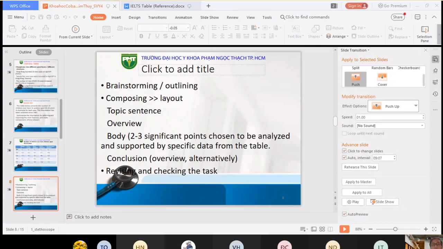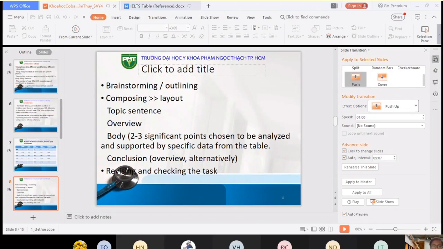Each paragraph should contain a topic sentence, and you must include your overview, just like your friend did in the previous task. And in the body paragraph, you should include 2 to 3 significant points chosen to be analyzed and supported by specific data from the table, right?